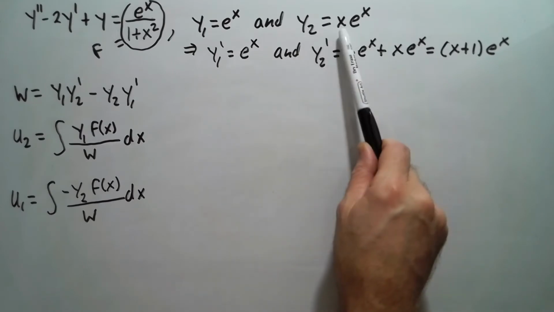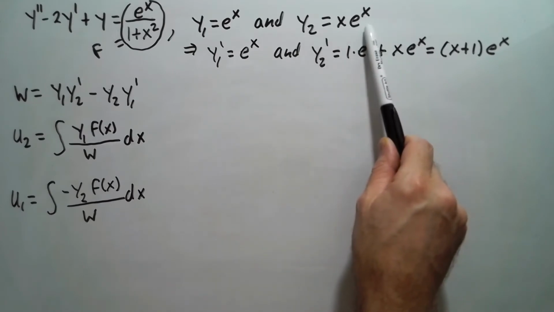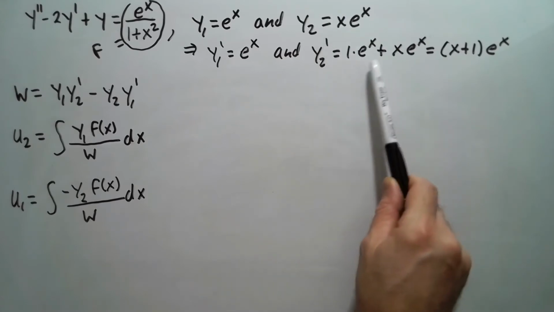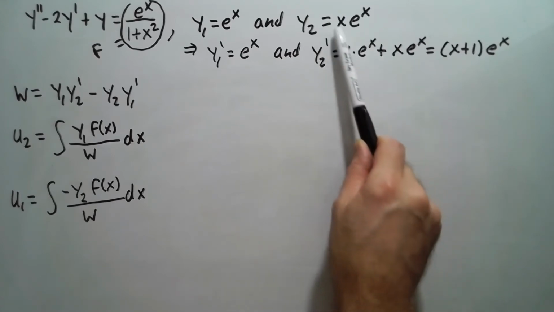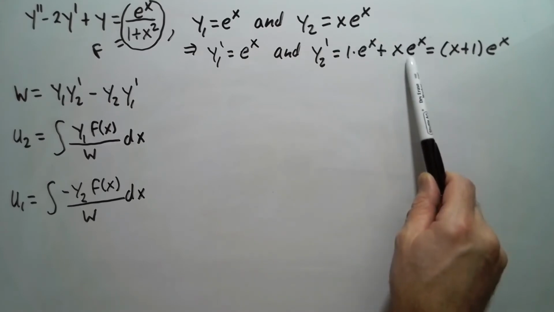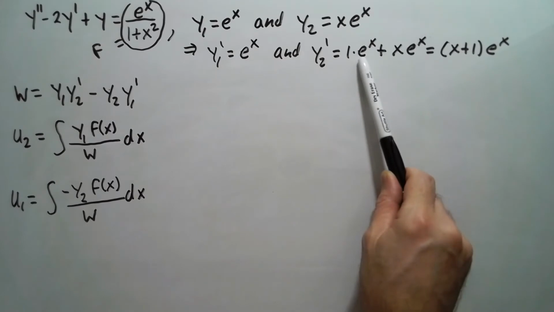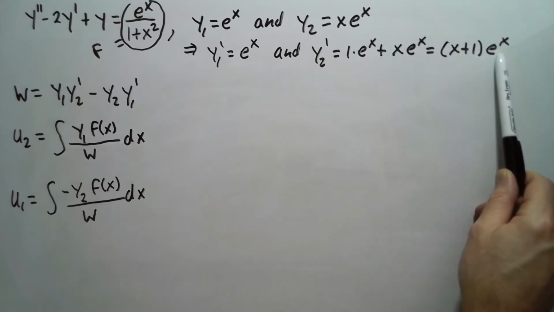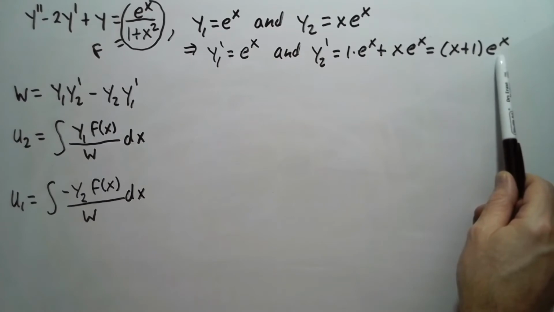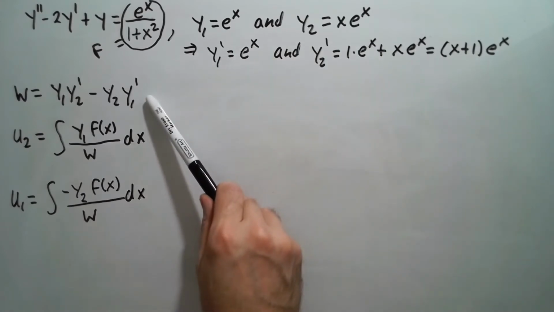My y2 is x e to the x. For the derivative you have to use the product rule: the derivative of the first function is 1 times e to the x, plus the first function x times the derivative of e to the x, which is itself. Then you can factor the e to the x out and get x plus 1 times e to the x.